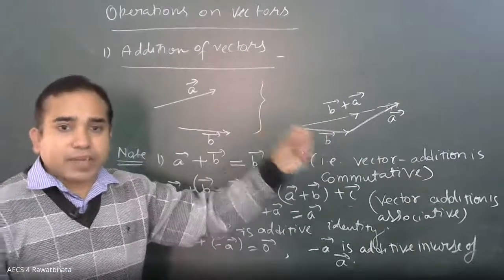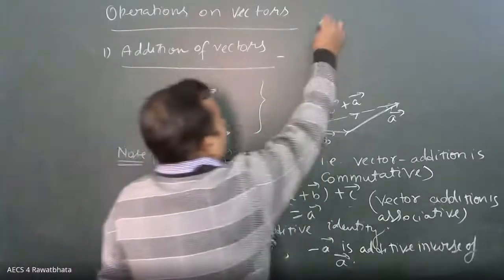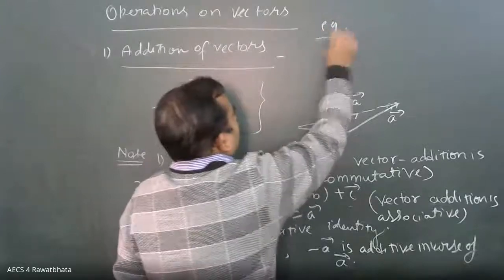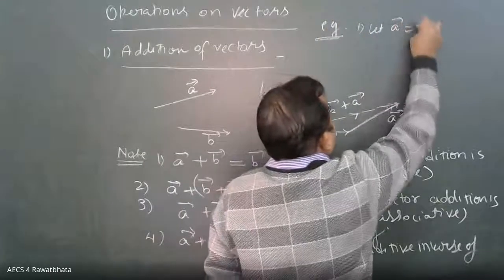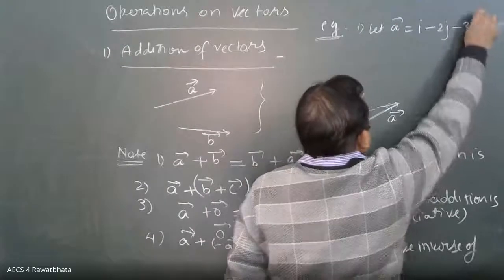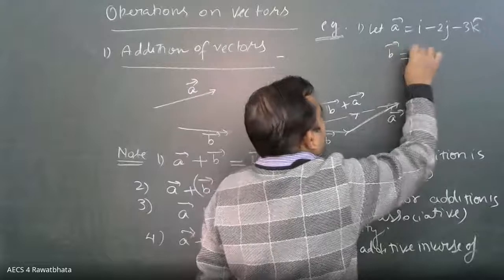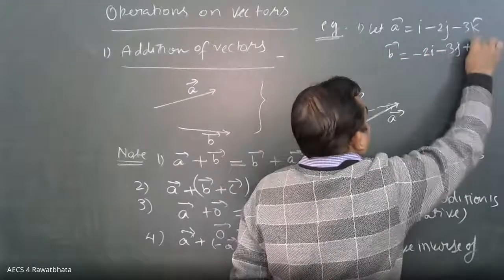ठीक है, एक और एग्जांपल से बात कर लेते हैं. कंपोनेंट्स अगर दिए हो तो कैसे ऐड करेंगे. ठीक है, उसके बाद इस ऑपरेशन को क्लोज करेंगे. Let A vector is i minus 2j minus 3k cap, and let B vector is minus 2i minus 3j plus 6k.